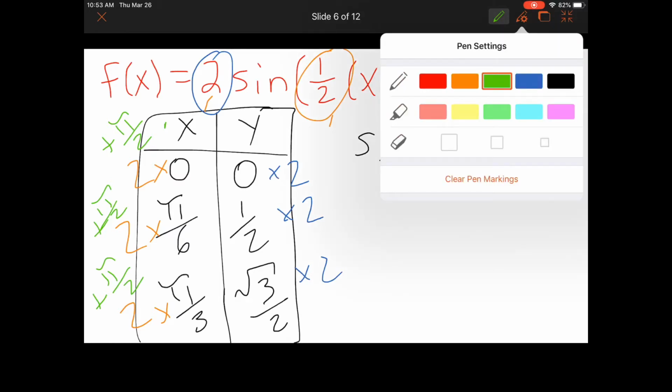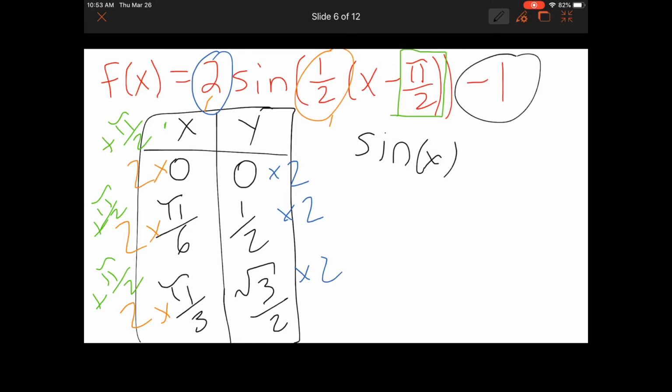Lastly, I have my vertical shift, or I'm changing my sinusoidal axis. I can take away 1 from each y value because it's a vertical shift. If I go ahead and do this, I should get my new data table.